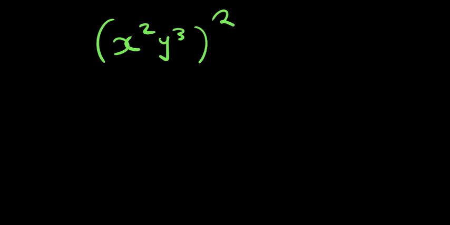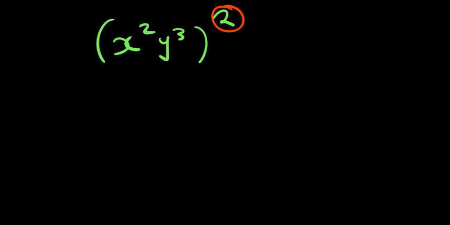Let's solve another one. Let's say I have x to the power 2, y to the power 3, then I've got 2 outside. What the 2 does is multiply with the power on the x, and it's also going to multiply with the power on the y.